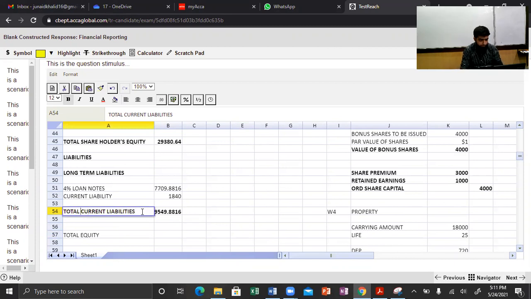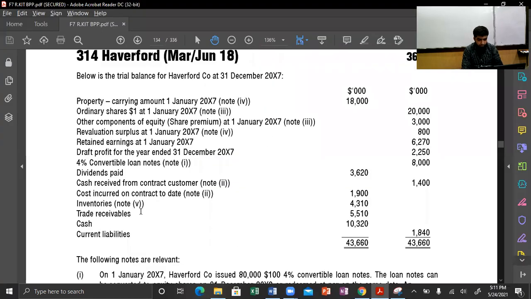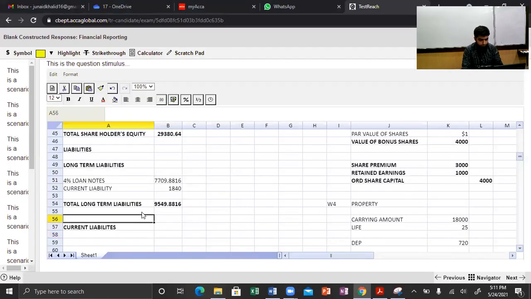Okay, we have not yet accounted for the current liabilities. And what current liabilities we are having? That is 1840. That is the current liability.